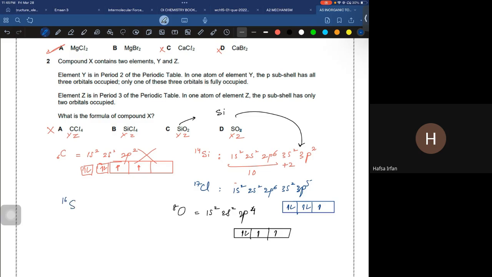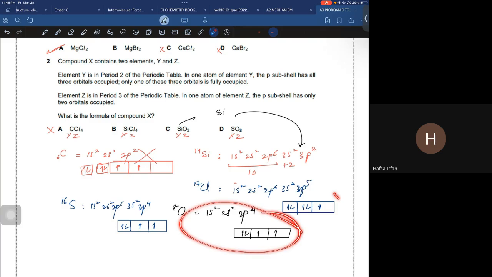Sulfur is 16, that is 1s2, 2s2, 2p6, 3s2, 3p4. Again in 3p4 there are 1, 2, 3, 4. So oxygen and sulfur are the same. It's 3p and 2p, but the electrons are the same in 3p4 and 2p4.